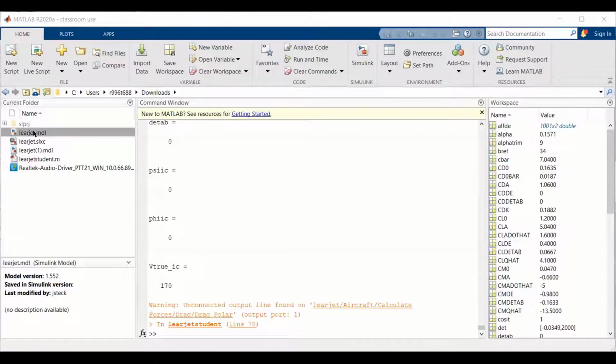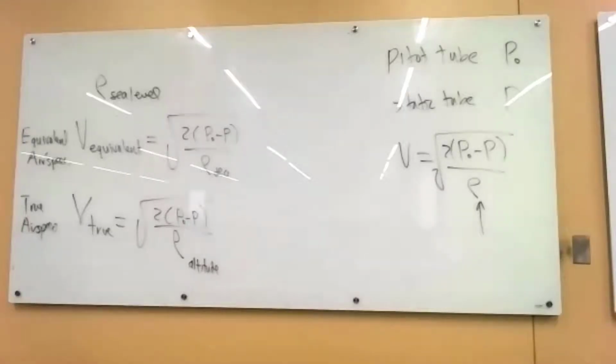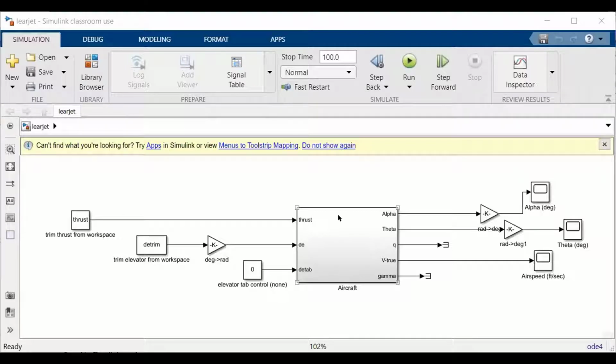All right, there we go. You get a window that looks like this. And here is where the thrust, the elevator, and the alpha goes inside the block here as an initial condition. And then out the other side, it will give you a scope that plots angle of attack, pitch angle, and airspeed in degrees and feet per second.